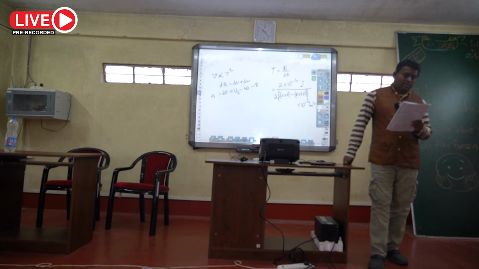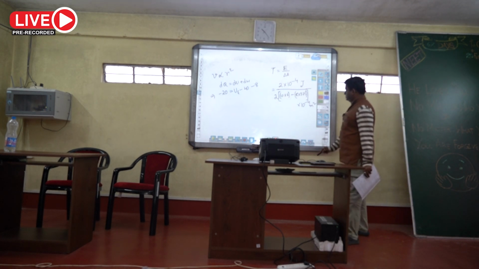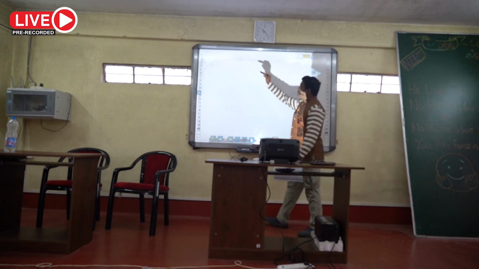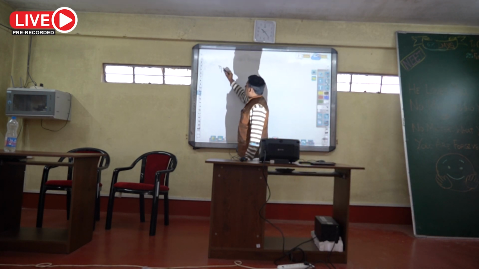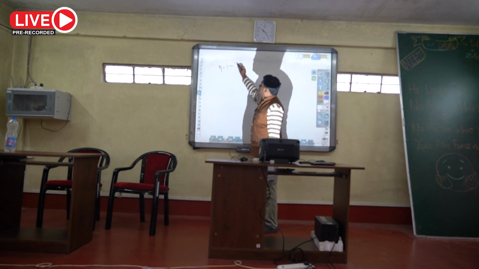Question number 20. An ideal engine whose efficiency is 40% receives heat at 500 Kelvin. If the required efficiency is 50%, then the intake temperature for the same exhaust temperature is? Simply use this equation, eta equals 1 minus T2 by T1.